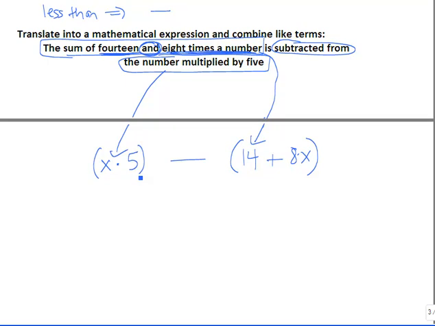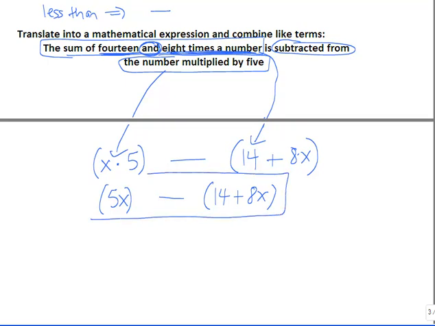So it's good to use parentheses here so that we're extra careful. The other thing I'm going to do is just clean up x times 5 and make that a 5x. And we're going to subtract from that our quantity 14 plus 8x. Now, there is the initial expression that you would get just from translating.